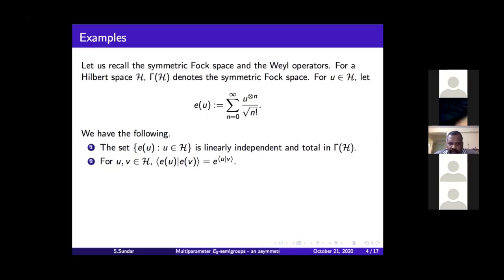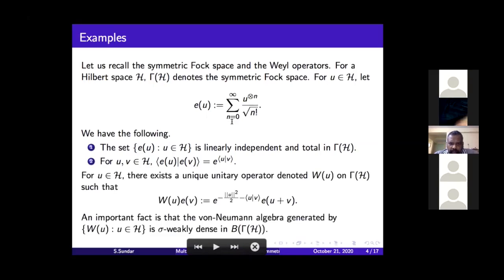And there is a collection of unitary operators on the Fock space. So for every vector u in H, there is a unitary operator which is called the Weyl operator of u, W of u, whose action on the exponential vector is given by W of u exponential of v is exponential of minus norm u squared by 2 minus the inner product of u and v, times exponential of u plus v.